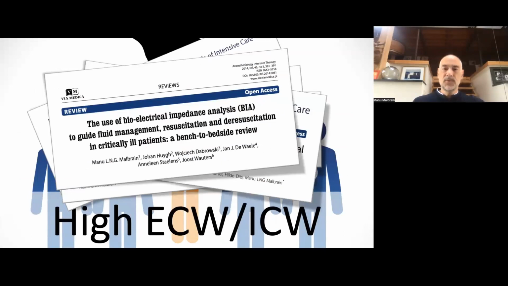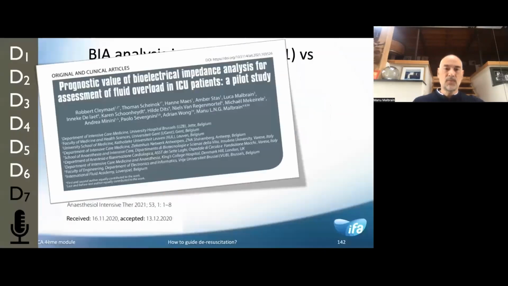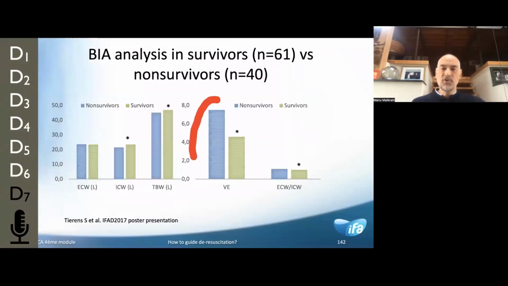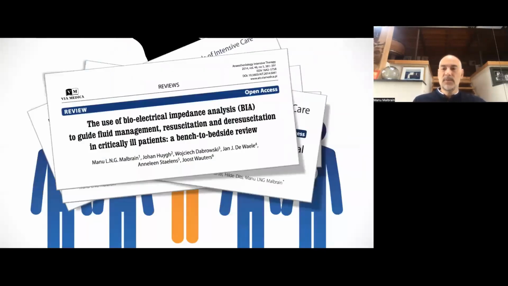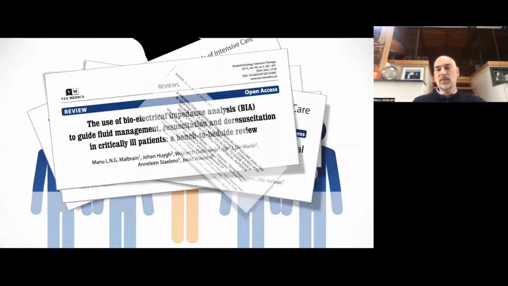We just finished a study of 101 ICU patients compared to healthy volunteers. If you look at the ICU patients, you will see that the volume excess calculated with BIA was much higher in non-survivors, and also the ratio between extracellular and intracellular water, indicating that there is some capillary leak and fluids are leaking out into the interstitium.